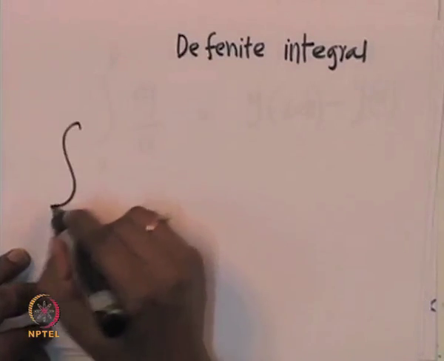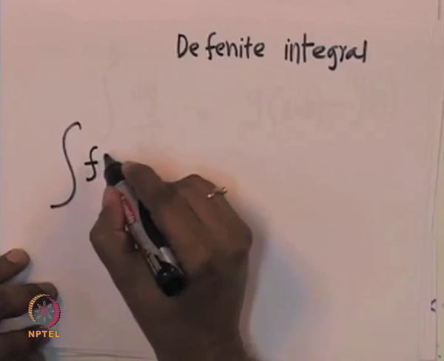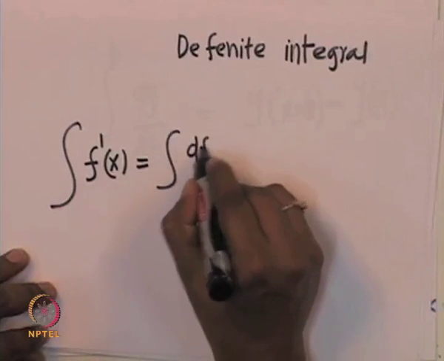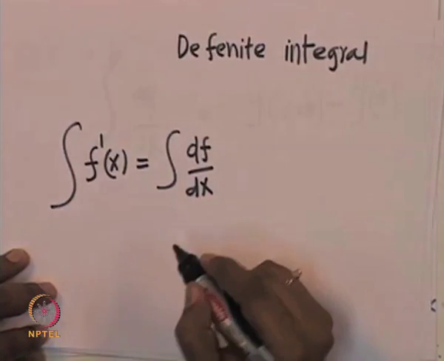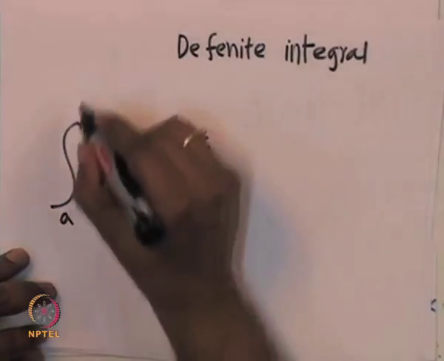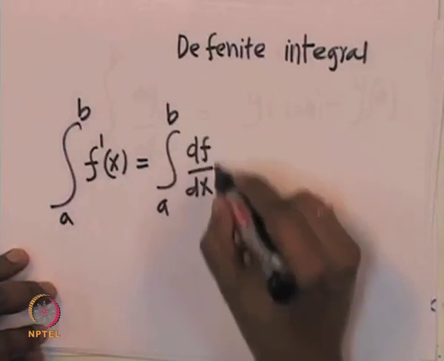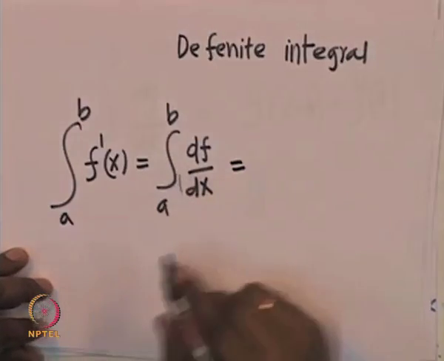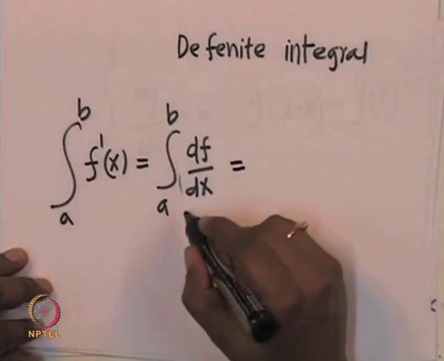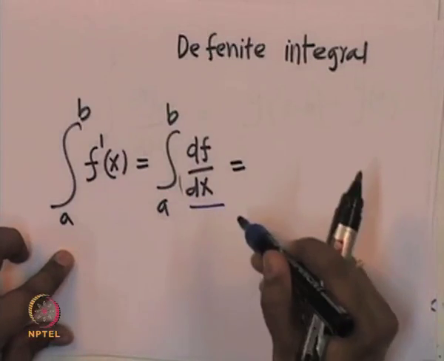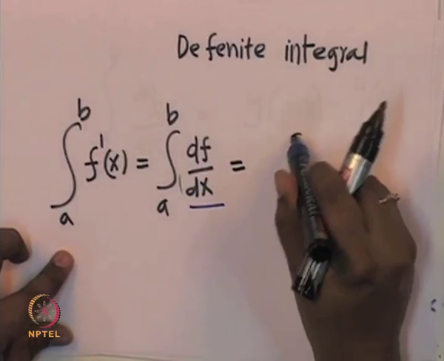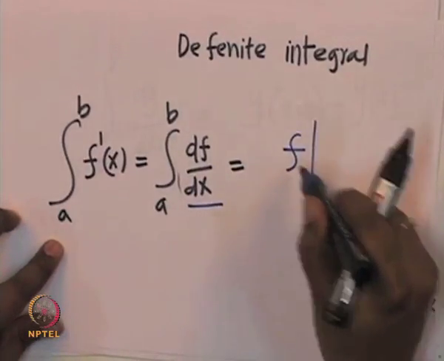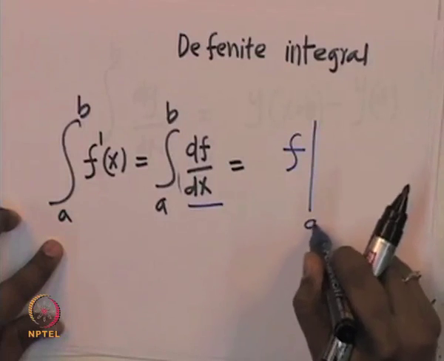If you want to calculate the definite integral of some function f prime of x, which is df by dx, between 2 points a and b, first find the integral of this function df by dx, like we did before. The integral of df by dx is f, we know. Then you can evaluate this f between these 2 points a and b.